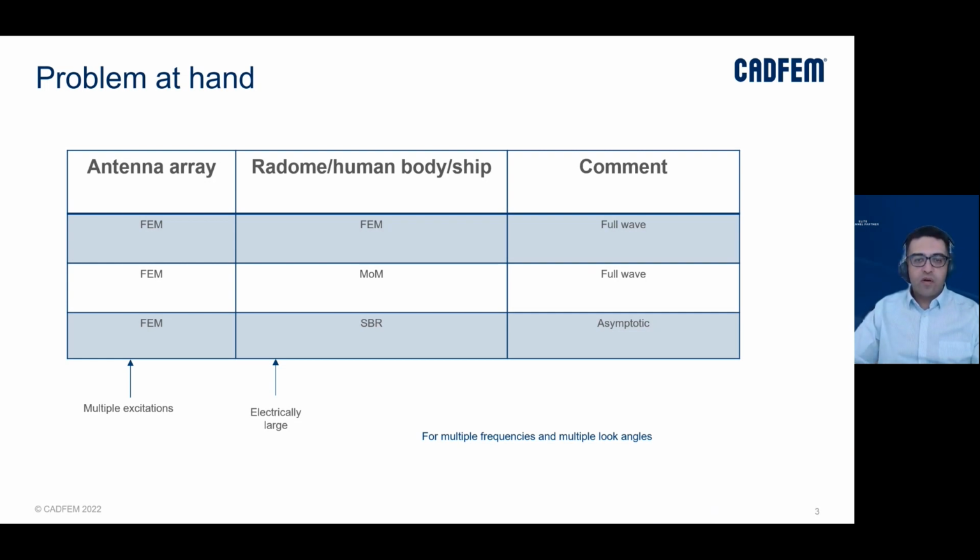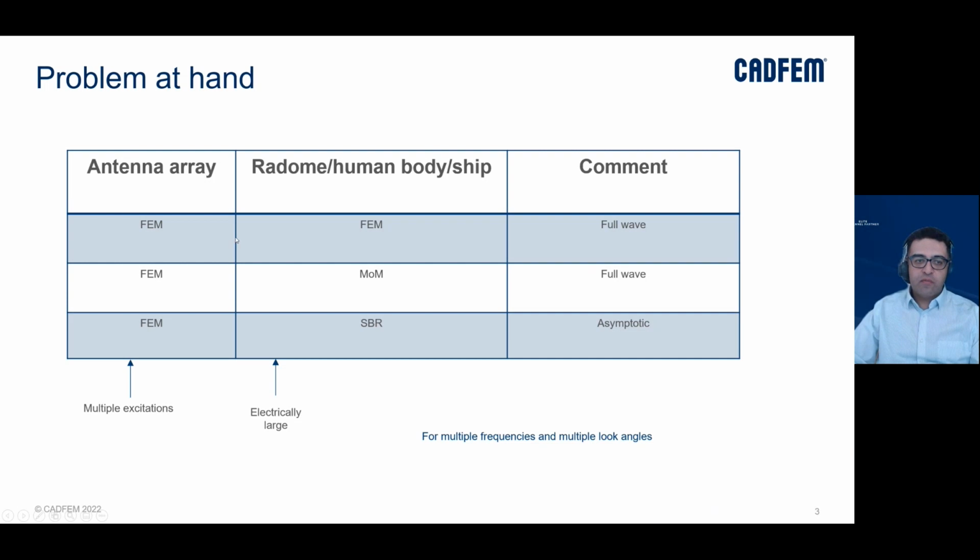And that's not only for one frequency, but for multiple frequencies and multiple look angles. Otherwise, we would not need an antenna array. I mean, the first reason to use an antenna array in the first place is to have multiple look angles. So as you see, it's really the worst case scenario from a computational electromagnetics point of view.